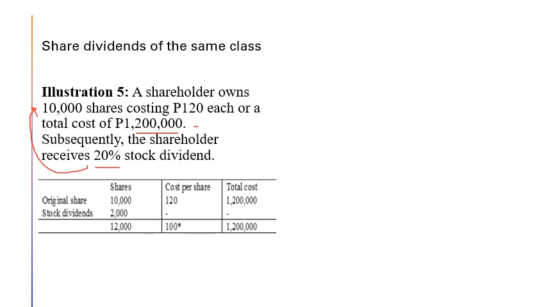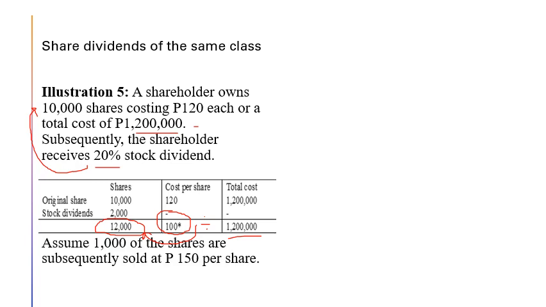Again, total cost does not change. However, the number of shares has now increased. So how much would be the cost per share? That would be 1,200,000 divided by 12,000 shares. So the new cost per share would be 100 pesos.